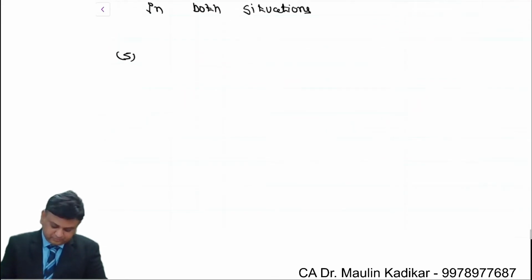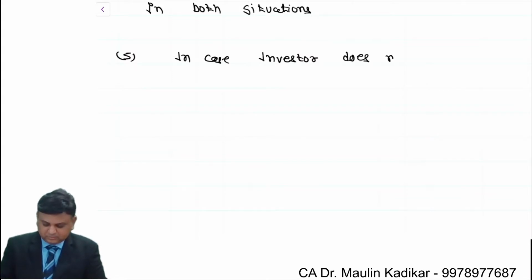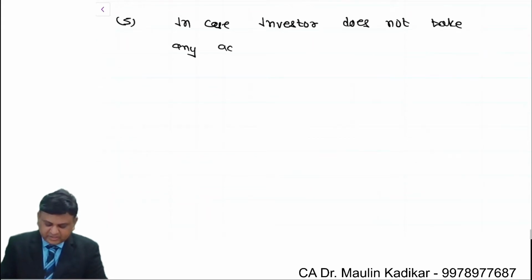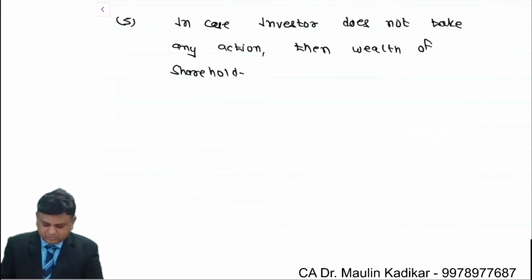Fifth answer. In case investor does not take any action, comma, then wealth of shareholder will reduce by rupees 2,000.